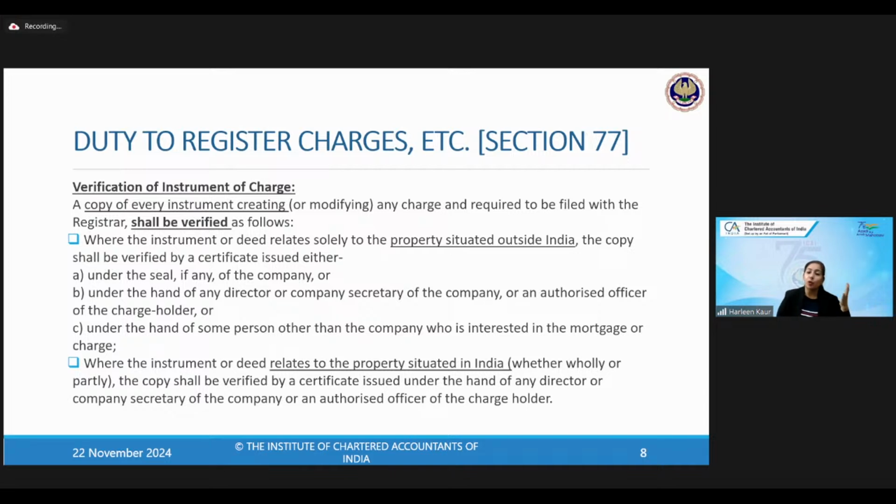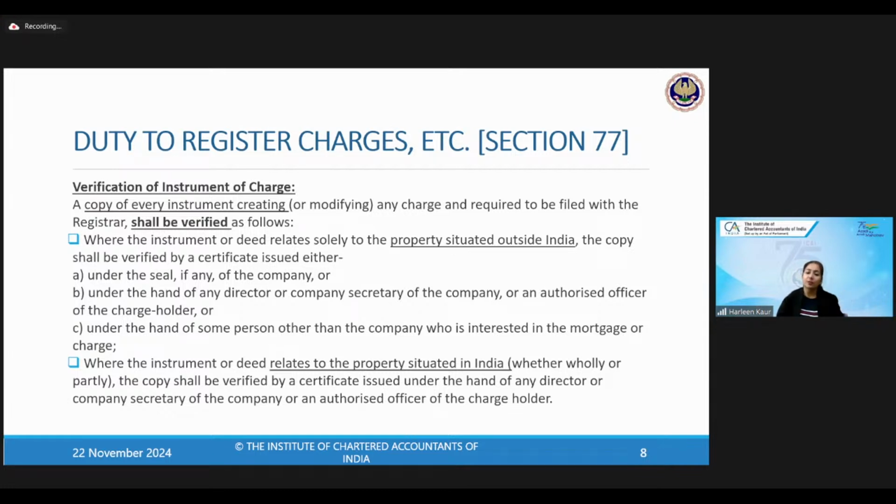Now it says if the property is situated outside India, then you need a certificate to be issued that there is a property which is located in Dubai. That property papers and verification papers can be signed by any of the 3 persons. Either the company seal will be put on it, or the director or company secretary of the company can sign it, or any other person other than the company who is interested in the charge.